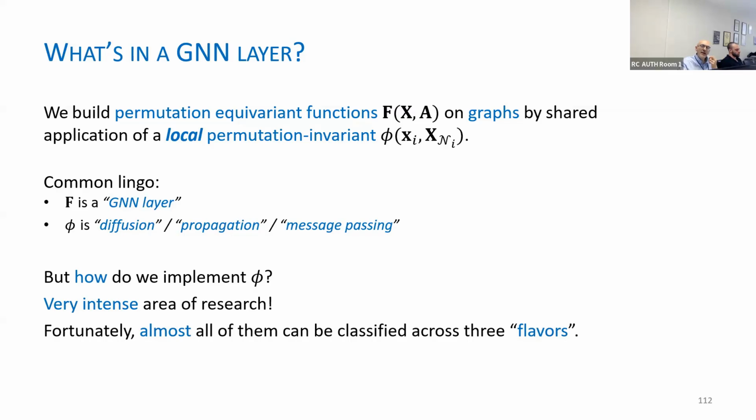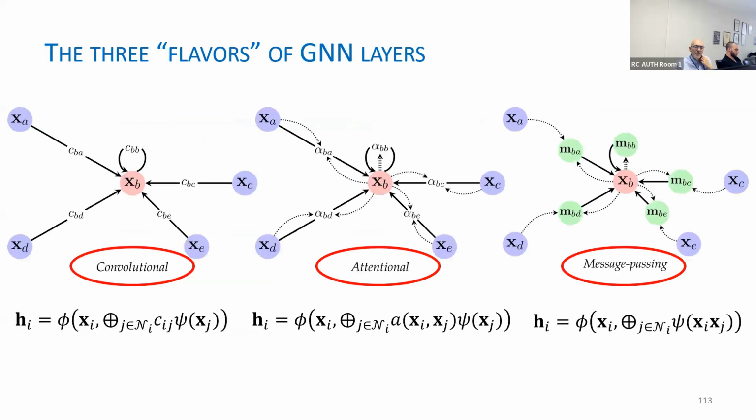But independently of this, normally we can try to categorize the different proposals for this function phi in three different, let me say, flavors. So it's like three different categories, which are these three basically.